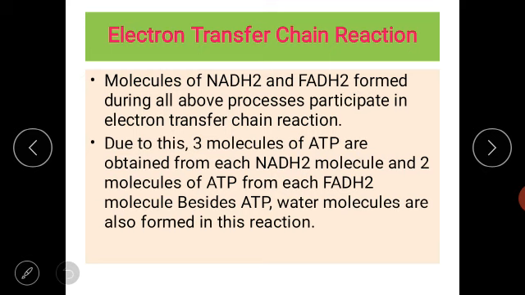So, aerobic respiration, anaerobic respiration, in which the end product of the TCA cycle, that is the tricarboxylic acid cycle, is production of ATPs, and the end product of glycolysis is pyruvic acid, and then acetyl CoA is produced.